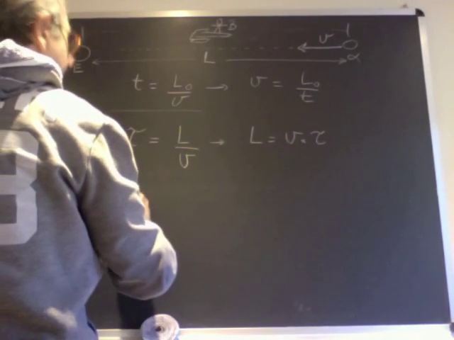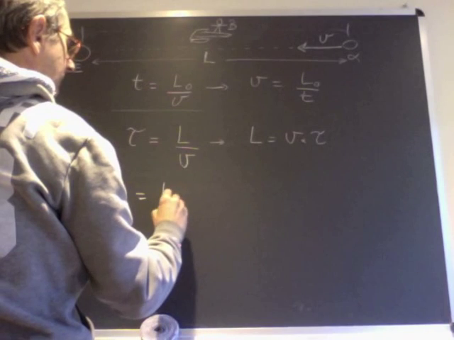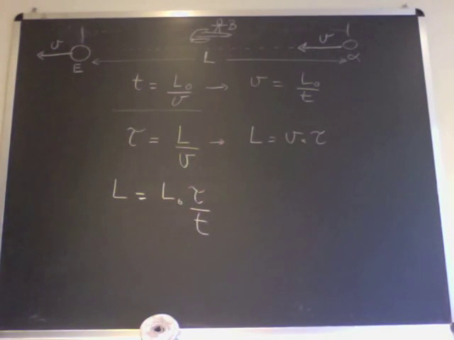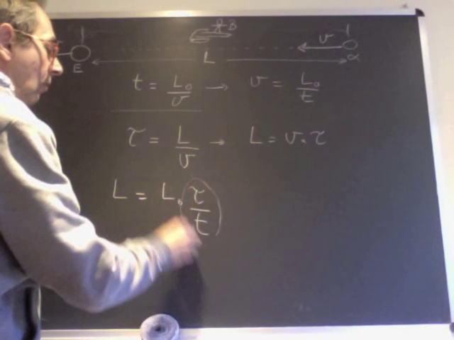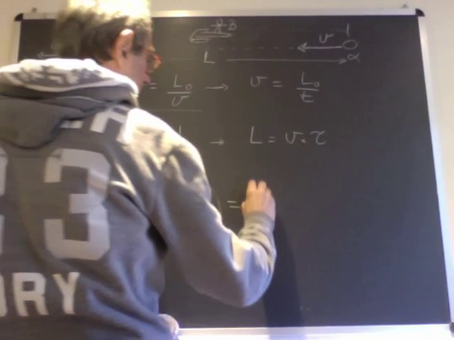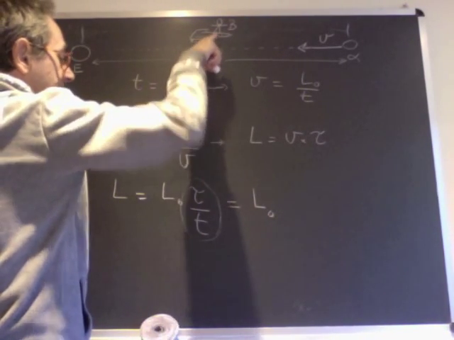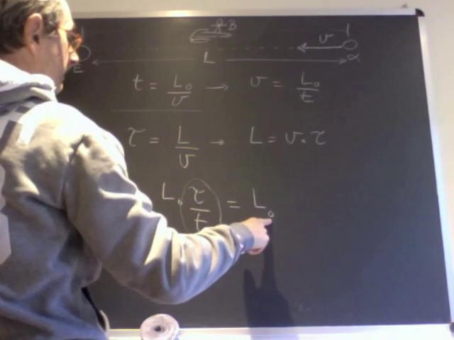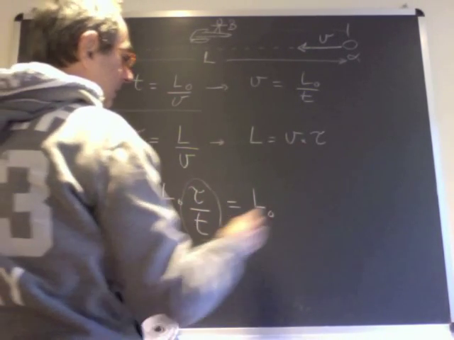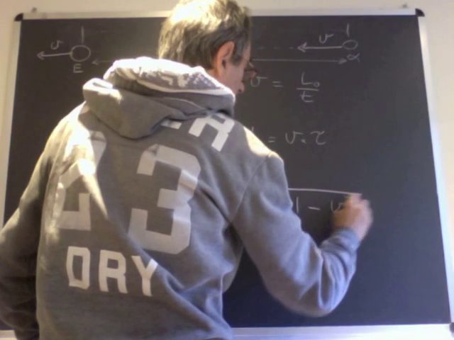So we have that L is equal to L0 times tau over T. But we already know what the ratio tau over T is. We calculated it last time, and so the final formula is that the distance L as measured by the moving observer is equal to the proper distance as measured by Earth, L0, times the ratio between tau and T. And we know it is equal to 1 over the square root of 1 minus v squared over c squared.